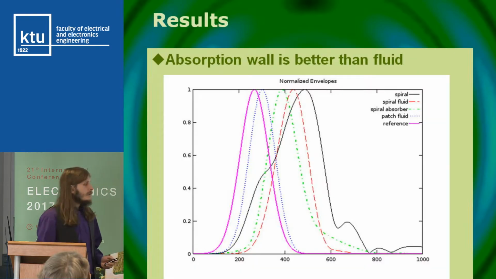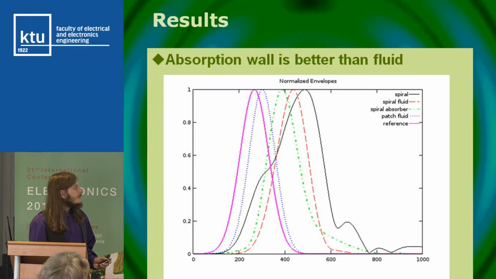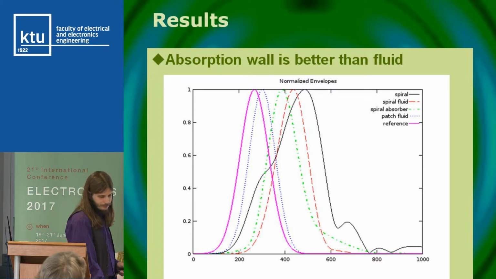And we also compared the measured signal. It is interesting that there is a nicer fidelity of the signal, with a less smooth path, in the case with the absorber wall than when we have a matching, lossy fluid in the chamber.